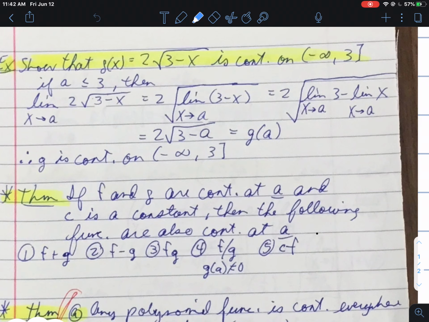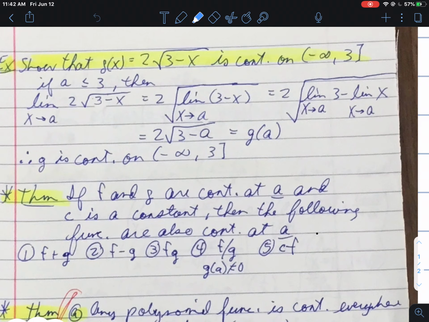This next little example may seem a little bit trivial, but it's an example of a proof type situation. It emphasizes again that definition of continuity and what it means to prove or show continuity. It may seem a little bit redundant, but it is a perfectly good example to prove continuity, in this case, over an interval.